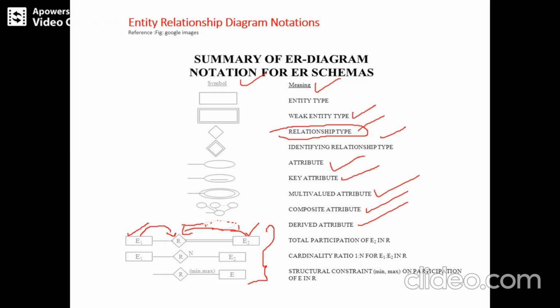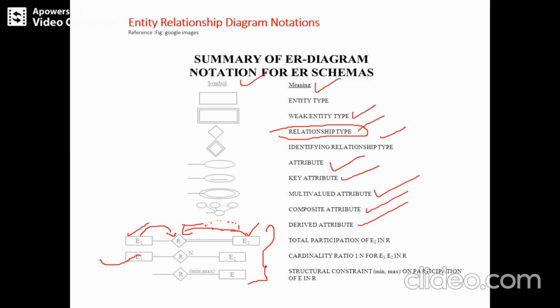The second notation is the cardinality ratio. Entities E1 and E2 participate in relationship type R, and the cardinality ratio is represented as 1:1, 1:n or m:n, based on the maximum participation constraints.